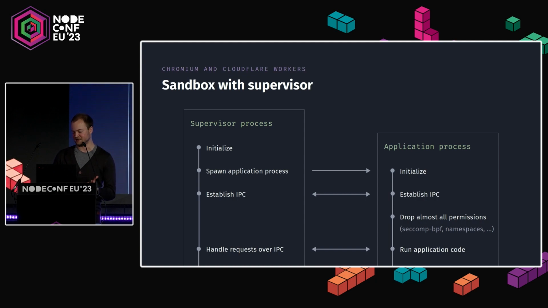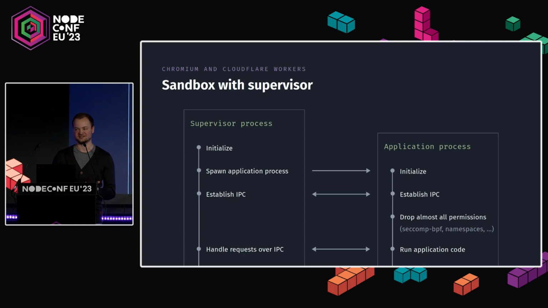This model is great because there's absolutely no way for the supervisor process to ever run any untrusted code. At the same time, the supervisor process is the only process that has access to critical resources. So this works very well. It's very similar to the old Apache model, where you voluntarily give up your resources after you've established whatever resources you need.